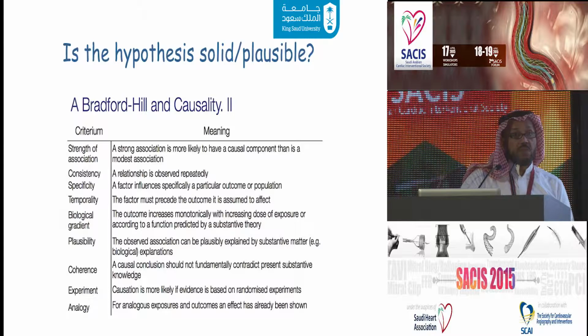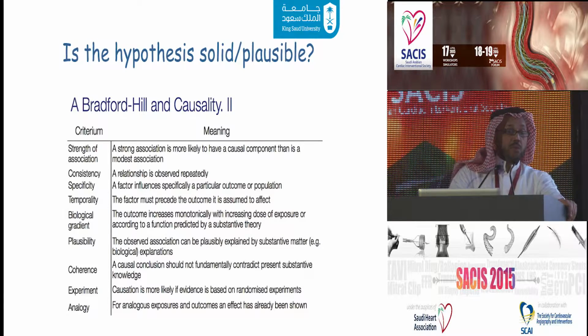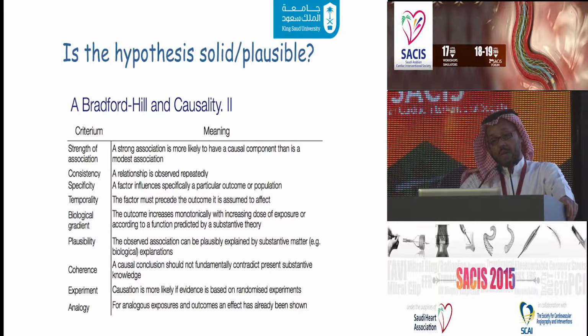You look at the specificity, like in the case of smoking and its association with lung cancer. If you do a case control study and the risk factor is not obvious in the lung cancer people, then you say there is a specificity between the cause and the outcome. Temporality is important. The incidence of the exposure before the outcome is important also.